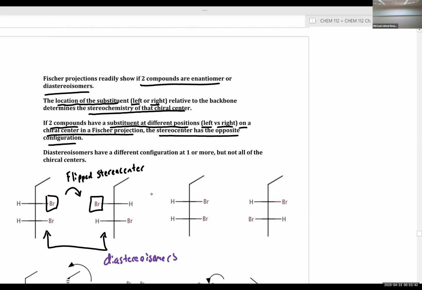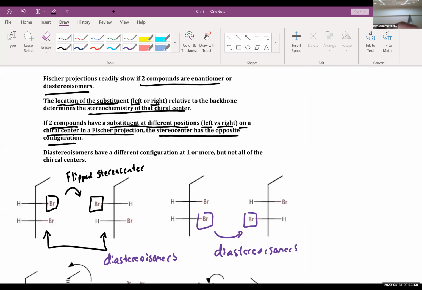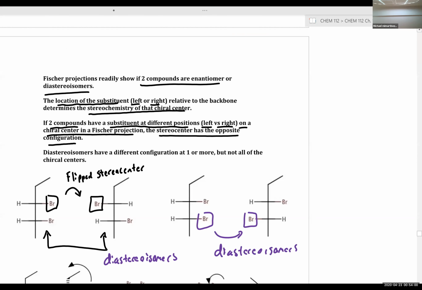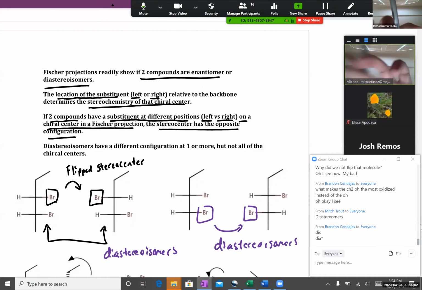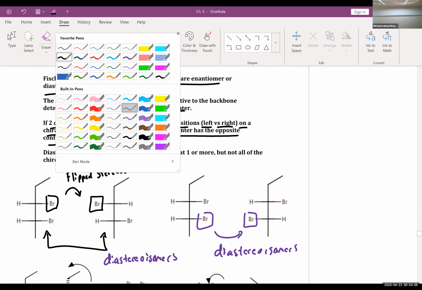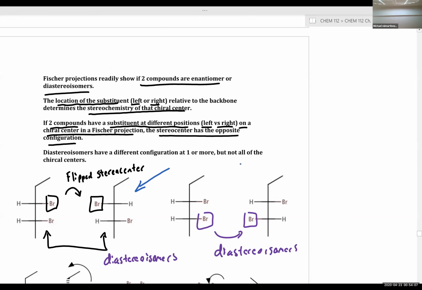Likewise, we can also consider flipping our bottom stereocenter and make another set of diastereoisomers. And if we happen to flip both of our stereocenters, if we compare these two compounds, we flipped both of our stereocenters, so we call these compounds enantiomers.